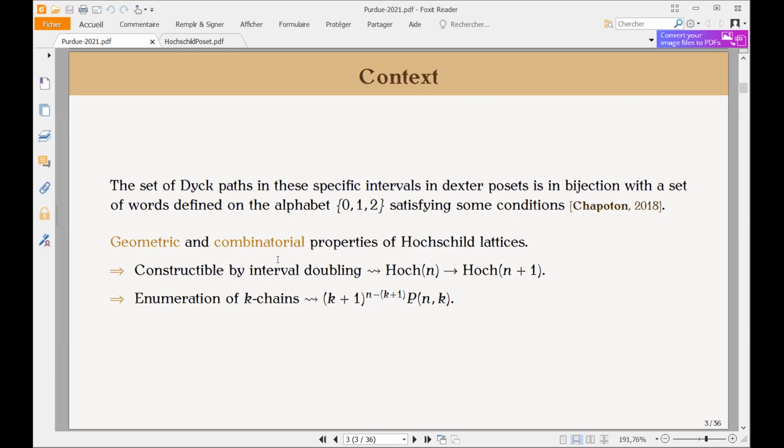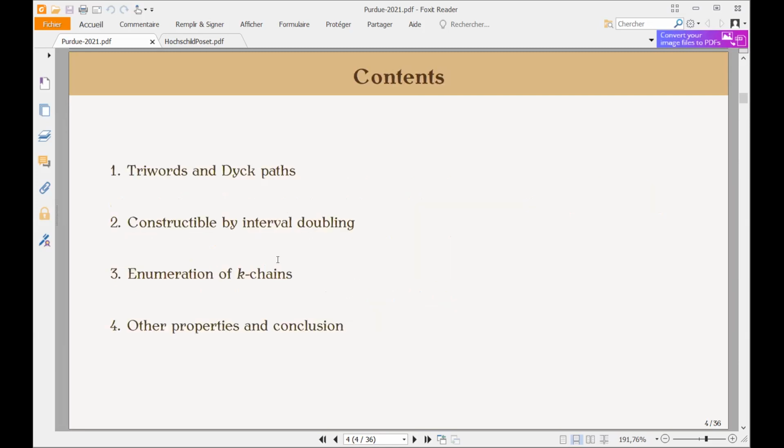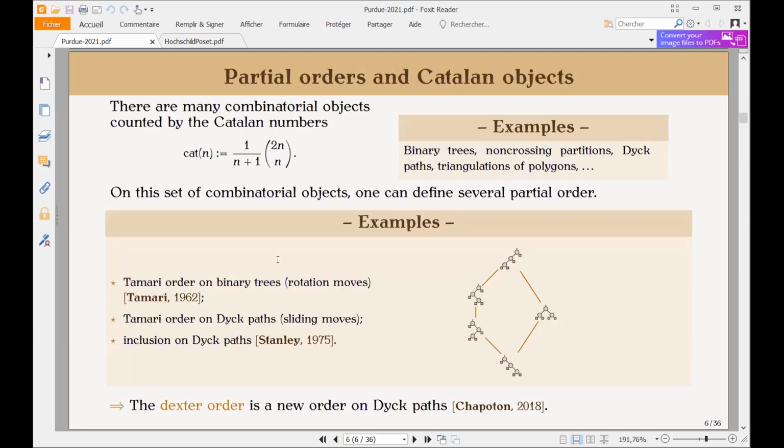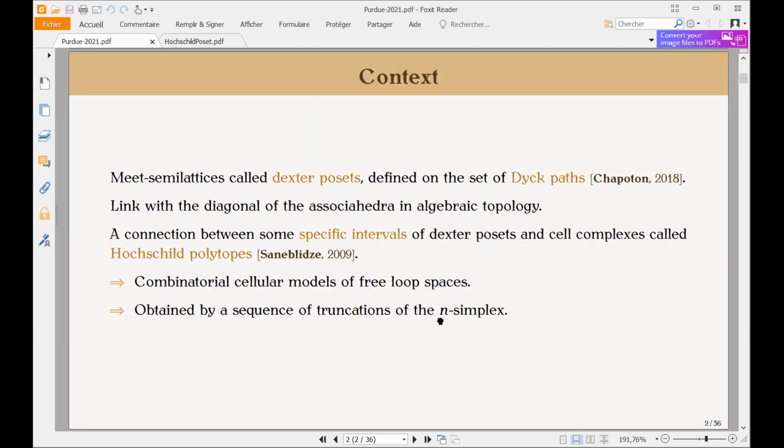Yeah, Ralph, I think I can explain in terms of your perspective. You can construct a model for the free loop space of a simplicial set by taking co-Hochschild chains on the chains coalgebra on your simplicial set, right?